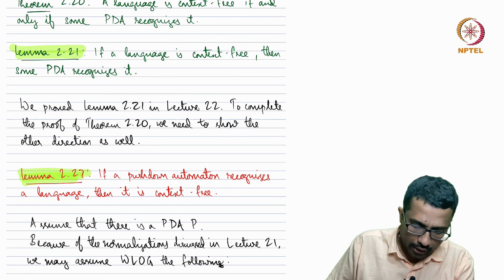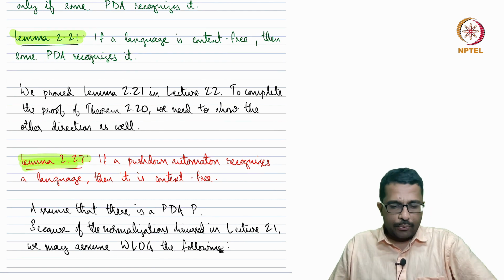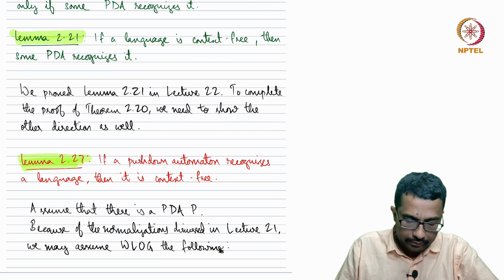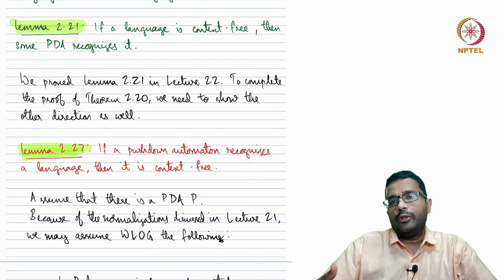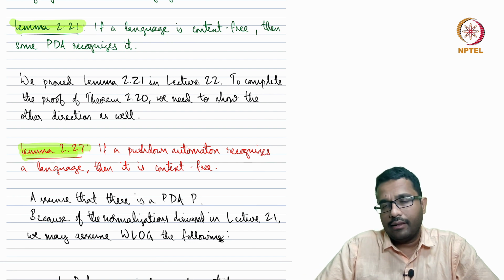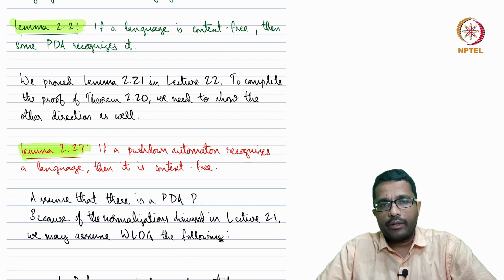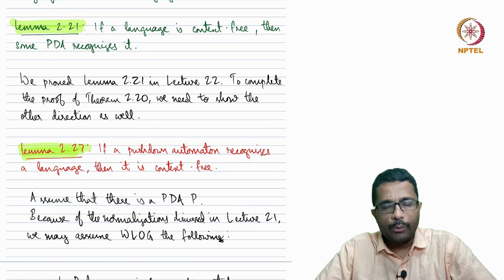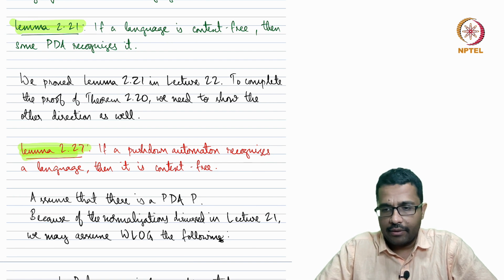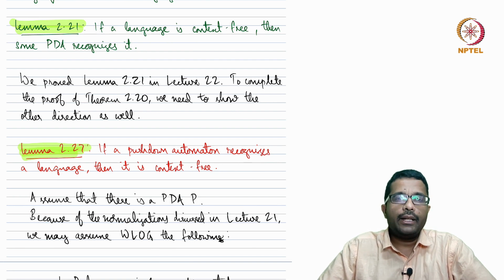The way we do this is a kind of natural thing. If there is a PDA that recognizes a certain language, then given the PDA, we will explain how to come up with a grammar such that this grammar will be equivalent to the PDA.